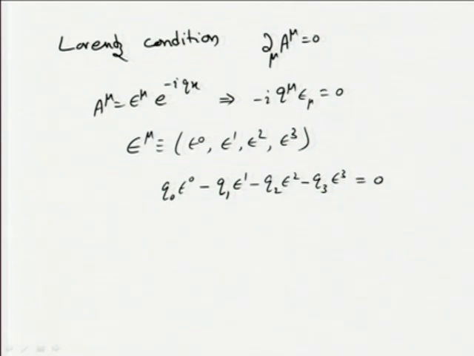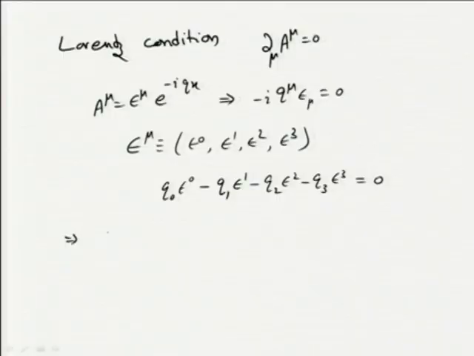So, for a fixed q, all 4 components of epsilon are not independent of each other. There is a relation that they have to satisfy, therefore, there are only 3 independent components. Further, we can choose lambda. Let us choose lambda equal to I A exponential minus I q dot x.